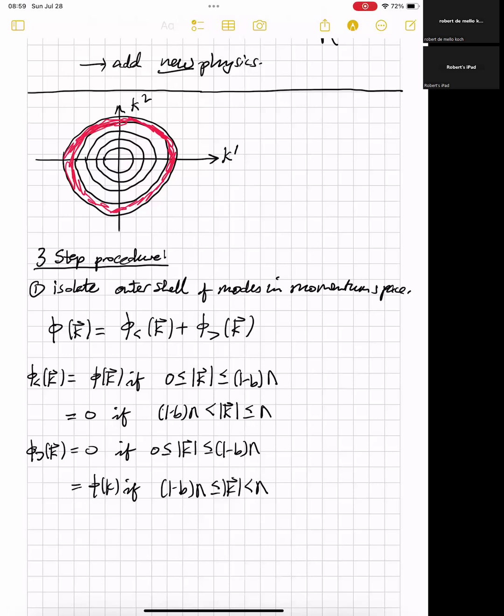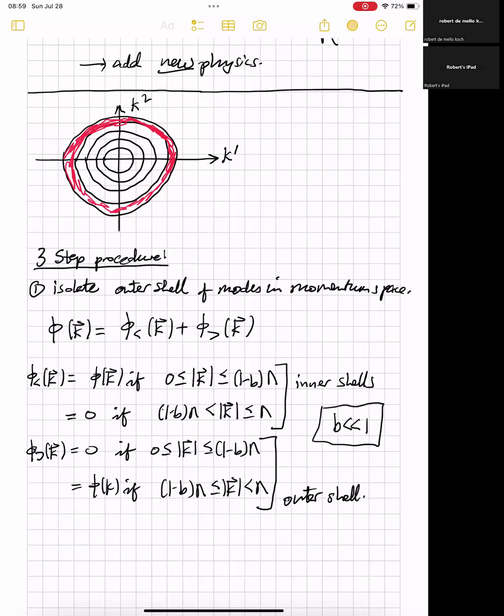These are the inner shells, and this is the outer shell. And we will always imagine that b is very much less than 1.